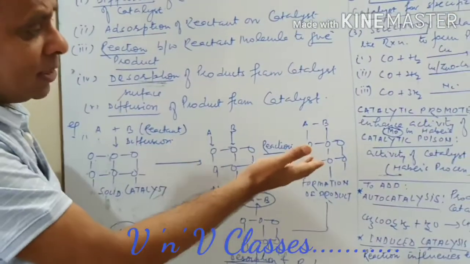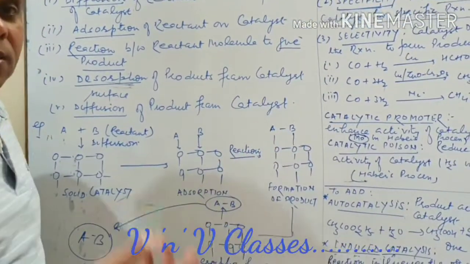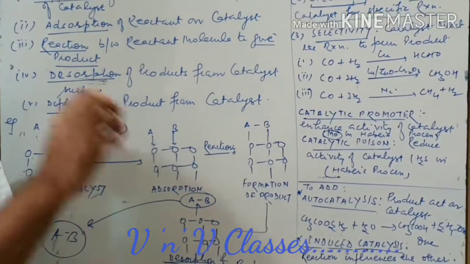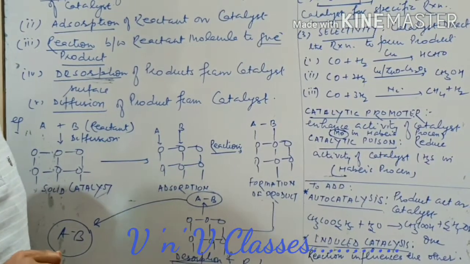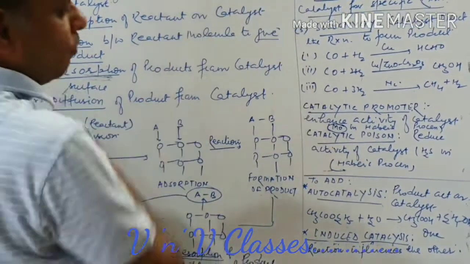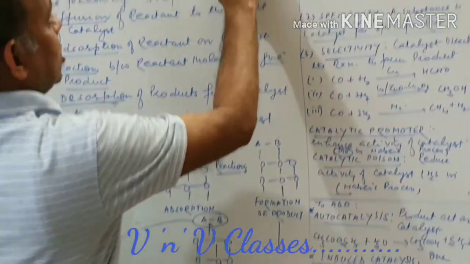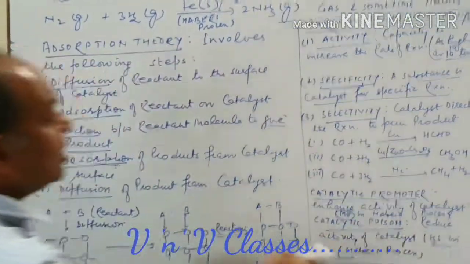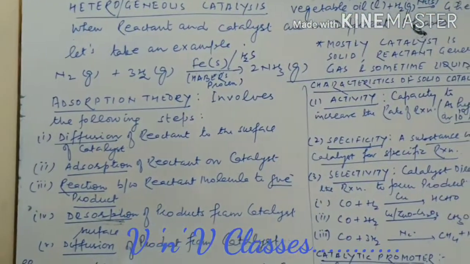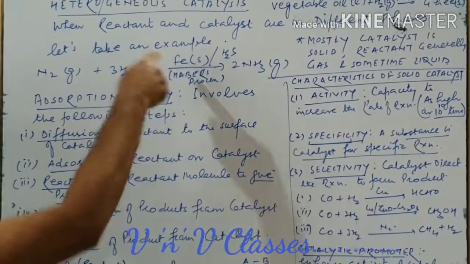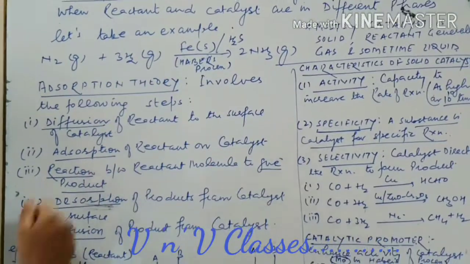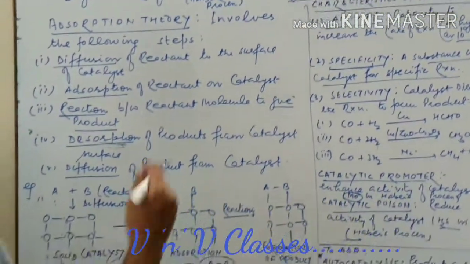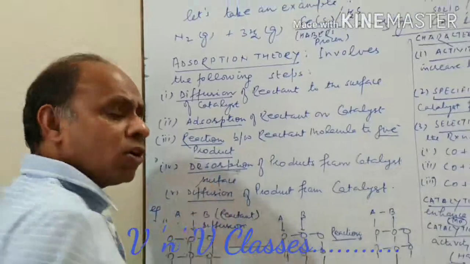As I think it is clear, the name tells poison means it decreases the effect of catalyst. For example, in the same process, if you add H2S in place of molybdenum, it is now a catalytic poison. What does it do? It decreases the effect of iron. Now you can ask, okay sir, how will this H2S decrease the effect of iron?